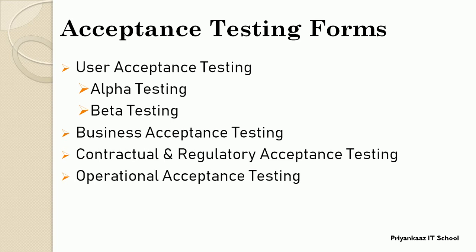Most of the time, acceptance testing is conducted by the customer. It is the responsibility of the customer and end user to verify whether the software is acceptable, or whether it is developed as per their expectation. During the V model, I also explained how they prepare acceptance criteria for every level, and accordingly the customer also verifies whether the software is acceptable or not.